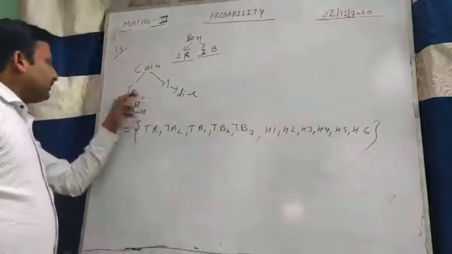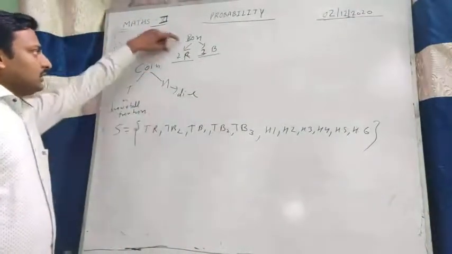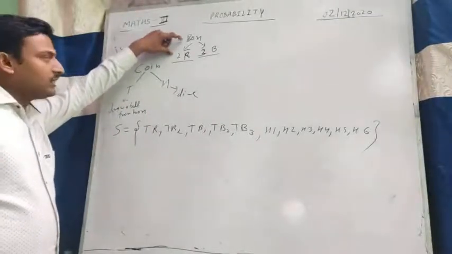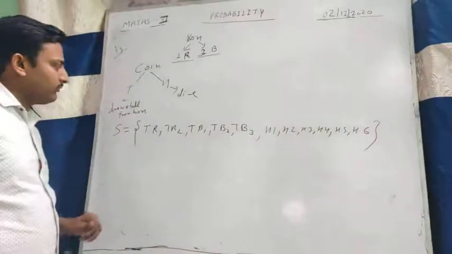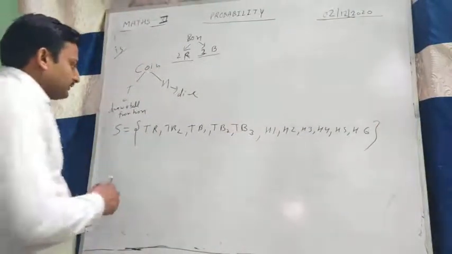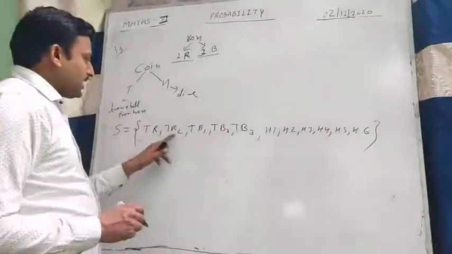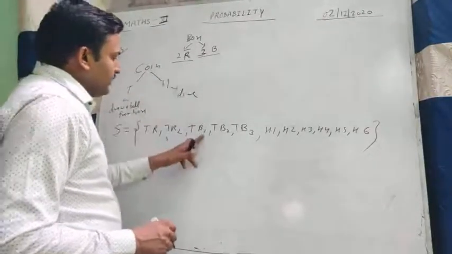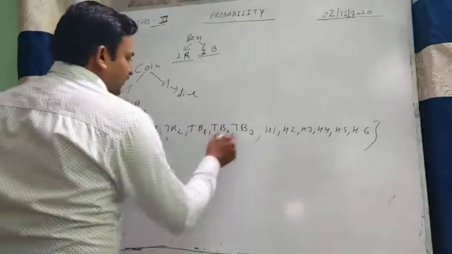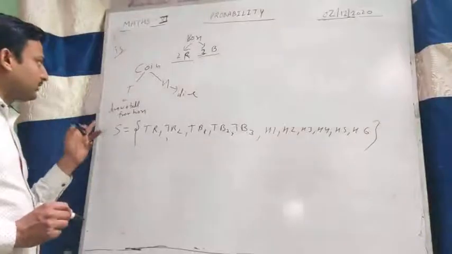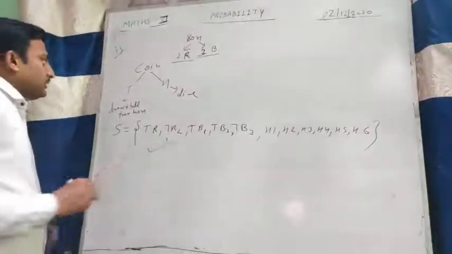If the tail comes, he takes a ball from the box which contains 2 red and 3 black. So the possibilities will be TR1 and TR2, first red, second red, and TB1, TB2, TB3, first black, second black, and third black. So the total sample space will be this.